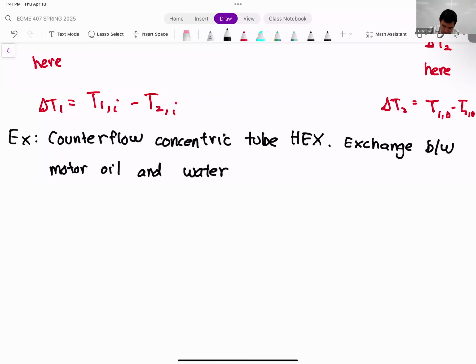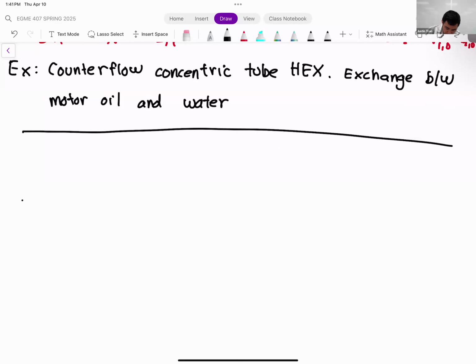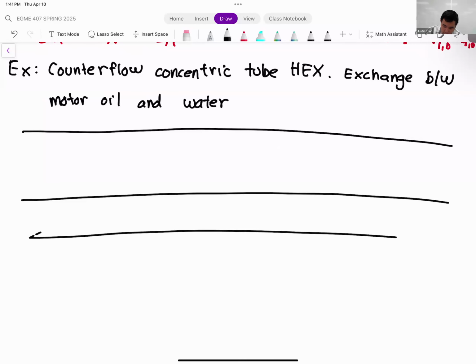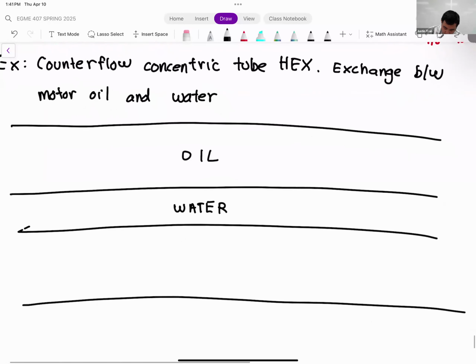Let's draw the figure first. So we have our concentric tube heat exchanger, just because that's the only one we know how to do. We'll say water is in the inner pipe, and we'll say the motor oil is in the outer pipe.